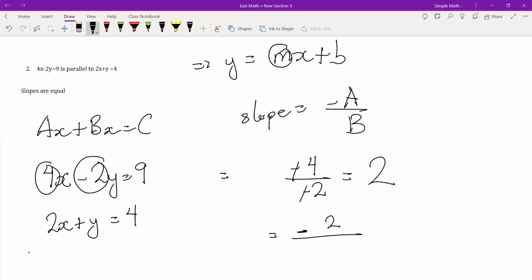The coefficient of y here is just 1. So negative 2 divided by 1 is negative 2. So they are not parallel to each other at all. These slopes are not equal.